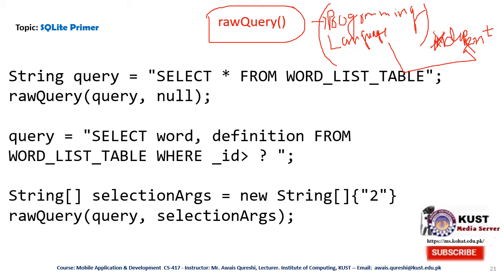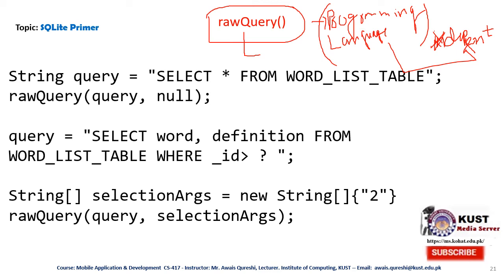If you want to embed your queries in your programming language, then you will use the raw query method. In simple words, if you want to use SQL statements in your programming language, then you will use this raw query method provided by the platform.